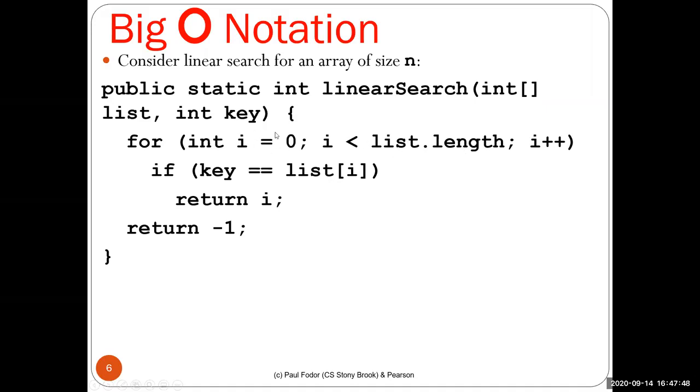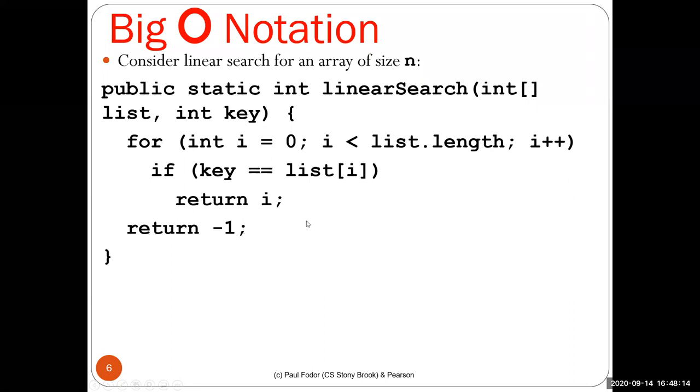You can write it with a for loop over the indices, but you can also write it with a for-each loop over the elements of the array. You compare the key with the element at the current position, and if it's equal, you return the index. Otherwise, after you compare the key with all of the elements in the array, you return -1.